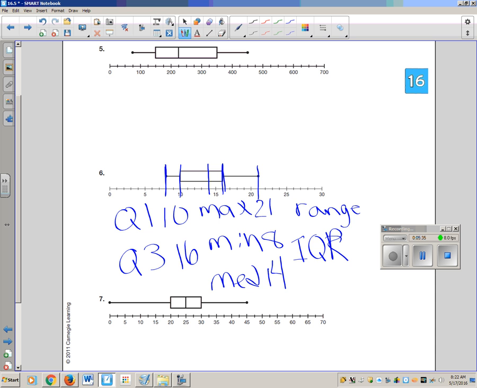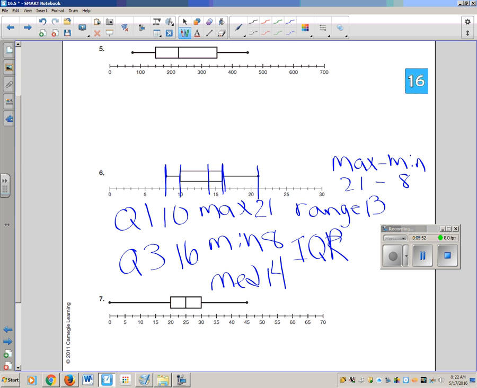And then the range is max minus min, which is 21 minus 8 equals 13. The range is 13.